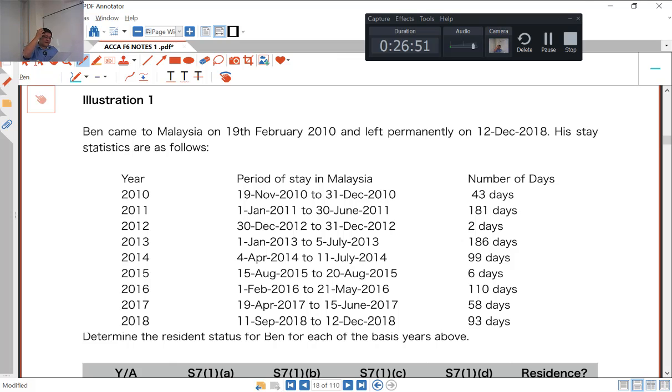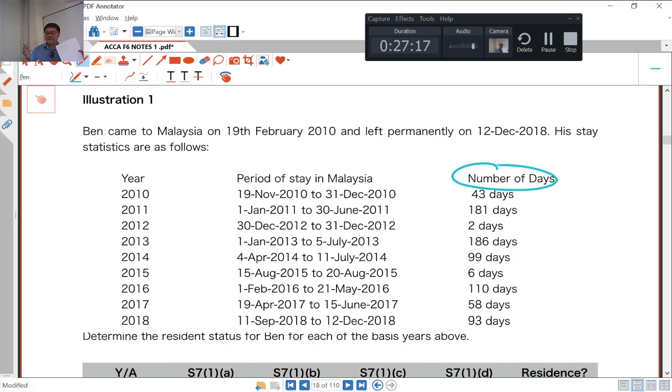Now let's look at illustration 1. This is how typically your exam will test you on resident status. They will just come out with a list of years and a list of stay statistics. Sometimes, if they are not so nice, they will not give you the days.